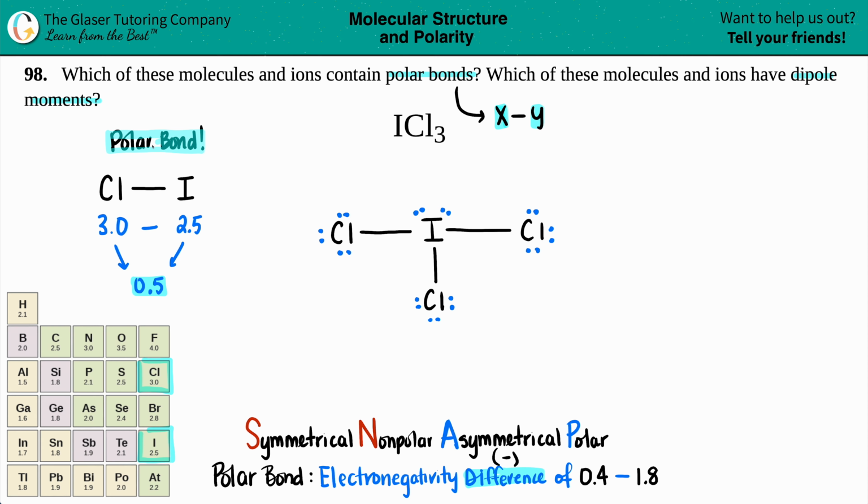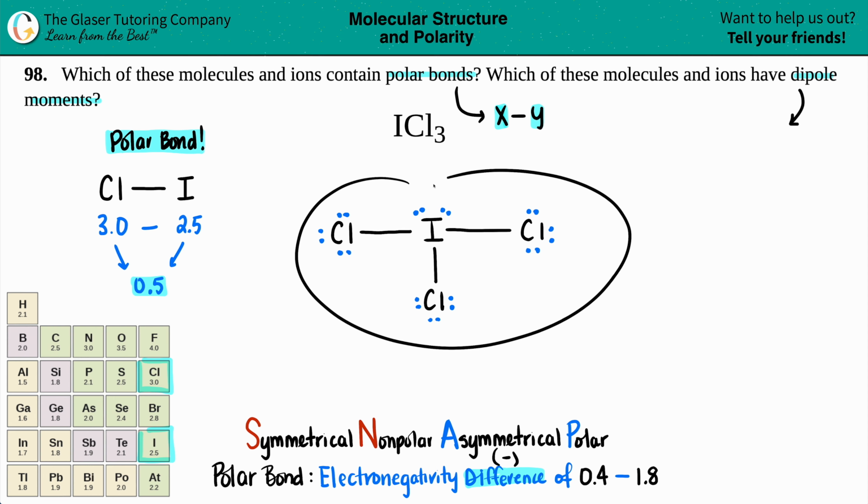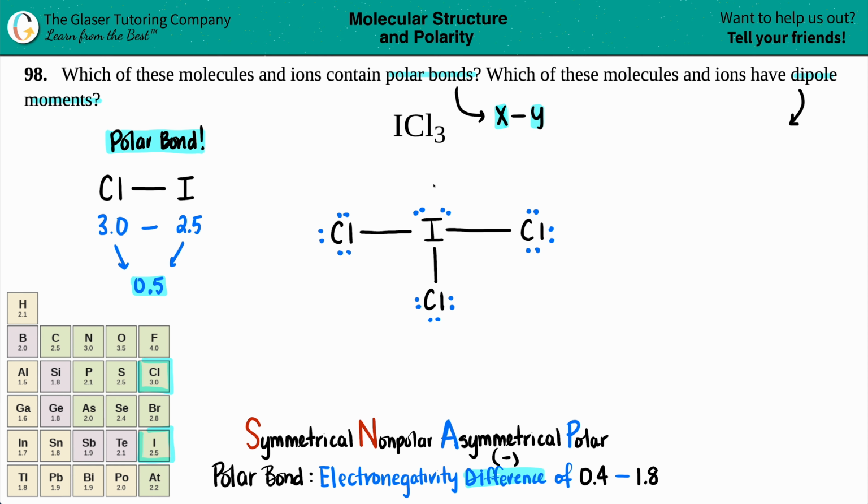All right, now let's talk about that dipole moment. Now, instead of looking at the specific bonds, now we're looking at the molecule as a whole. A dipole moment means that as a whole, there is an asymmetrical electronegativity difference somewhere, meaning that you're not going to have a fully symmetrical molecule.